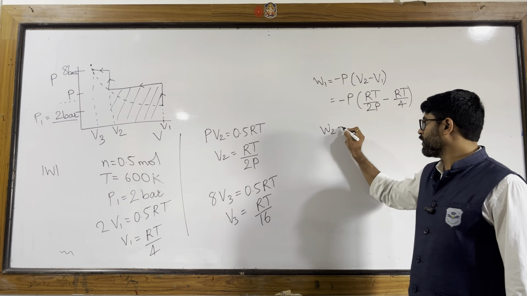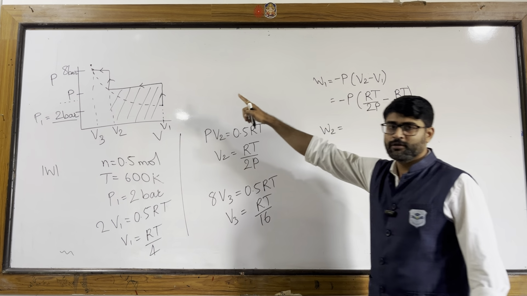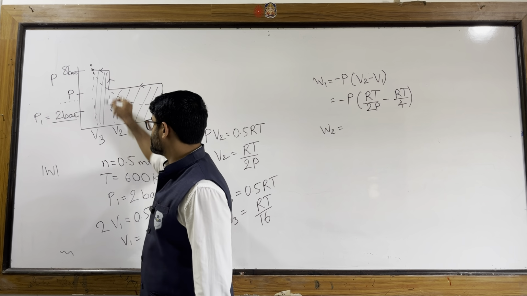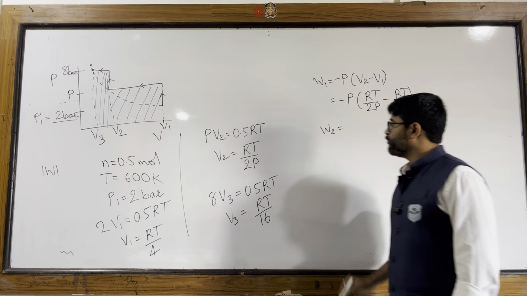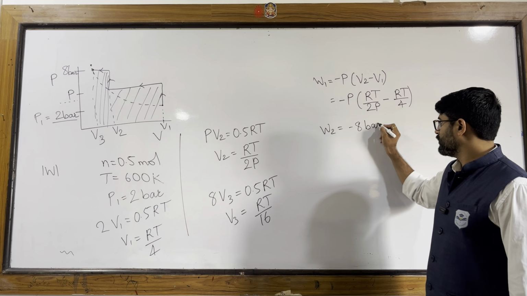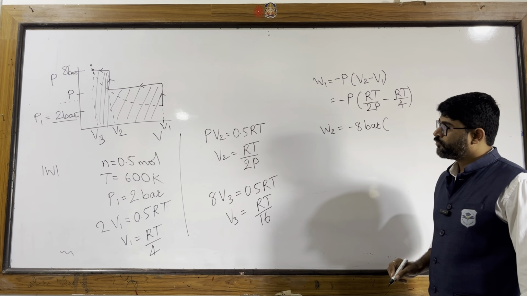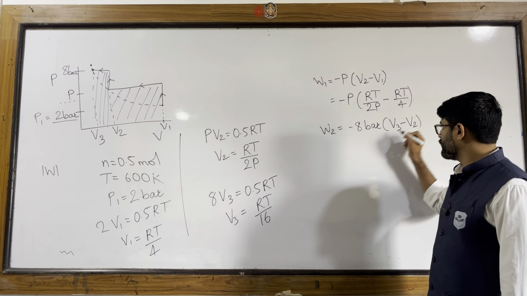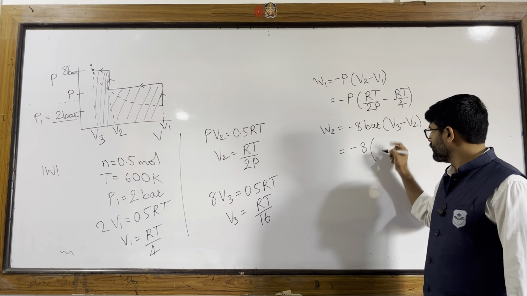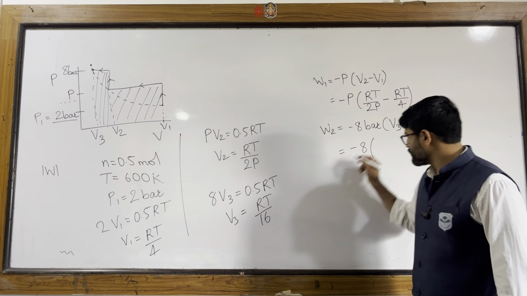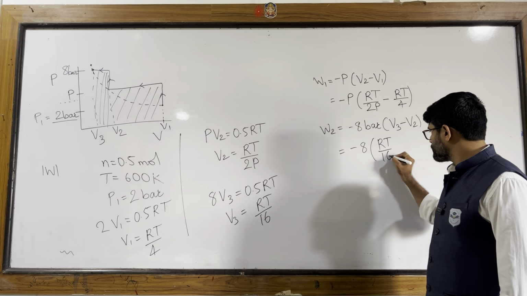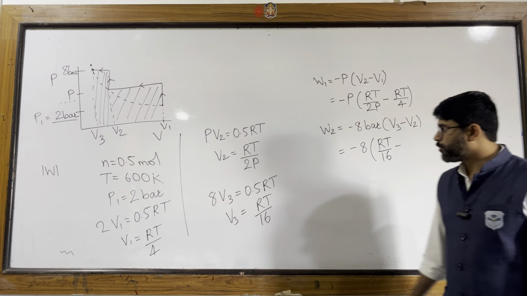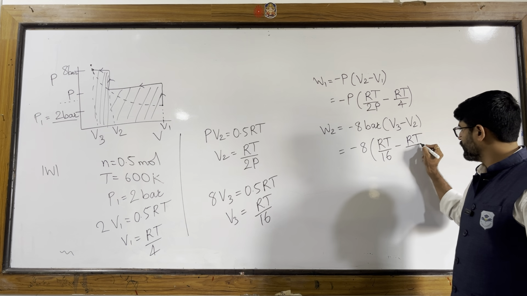Next, in the second step, the external pressure is 8 bar, so work is minus 8 times the change in volume from V2 to V3, that is V3 minus V2, where V3 is RT by 16 and V2 is RT by 2P.